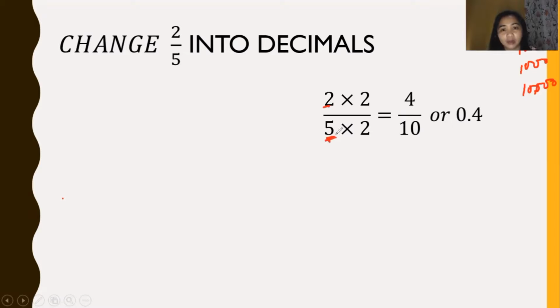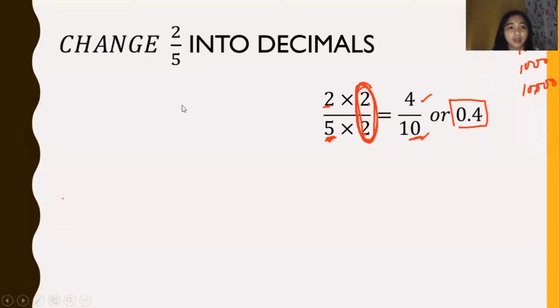Isip ka ng number na i-multiply mo para maging 10. So, ang naging multiplier natin ay 2. So, yung numerator 2, i-multiply sa 2, which becomes 4. And 5, i-multiply sa 2, becomes 10. So, that is 4 tenths.